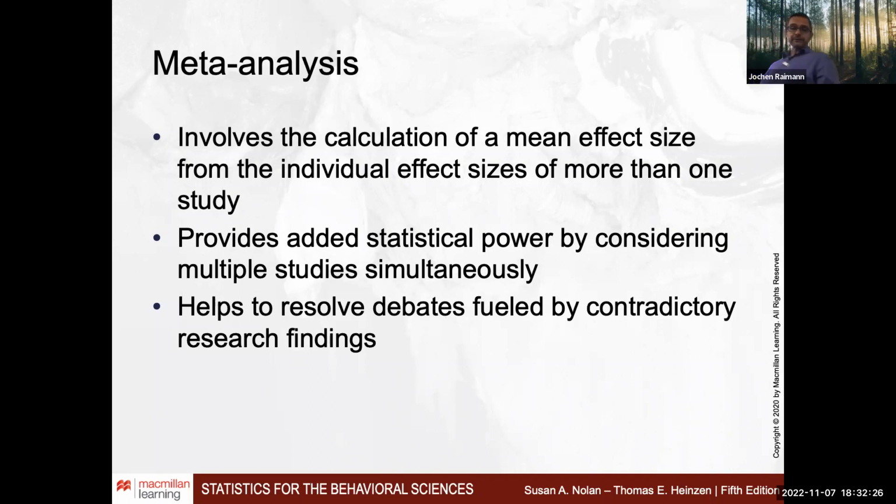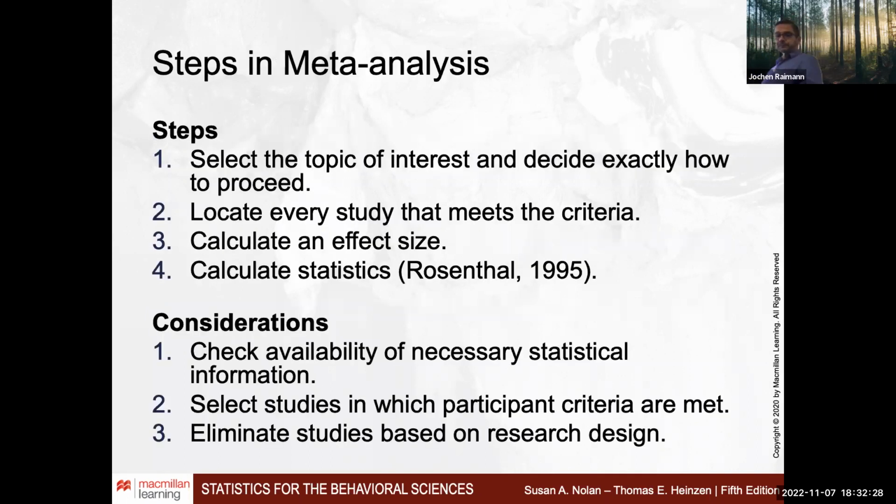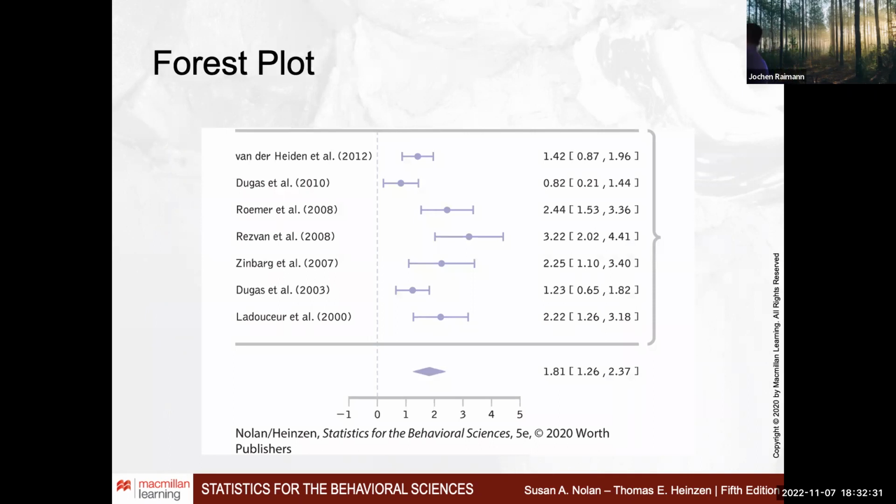So basically you have here a graph that shows you effect size estimates of different studies. They all showed quite large effect sizes, and you aggregate them into one overall effect size estimate. We basically utilize data from all these different studies.